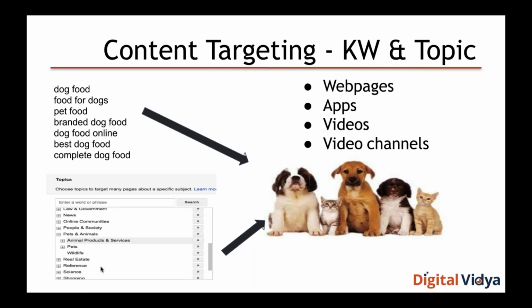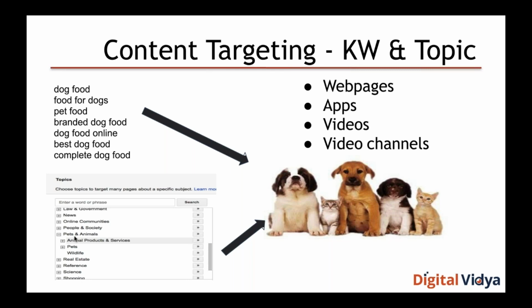The other way you can go about it, and I'll show it to you in the account also, is through topic. All these topics have been classified by them. Those millions and millions of pages are already classified into different topics.